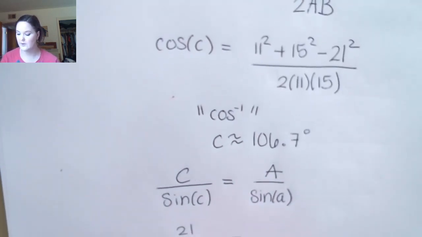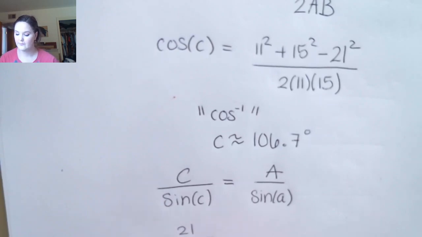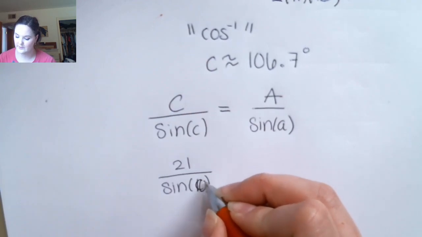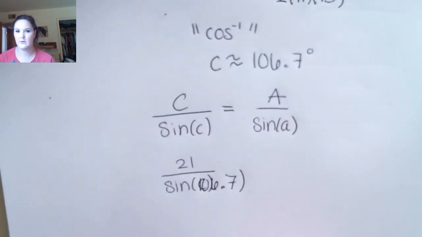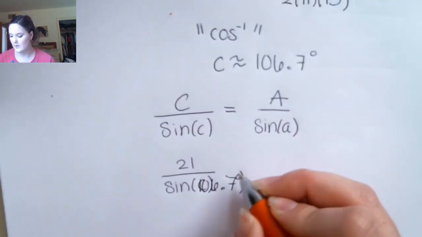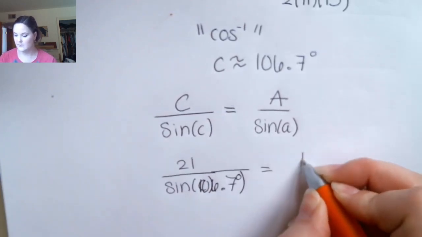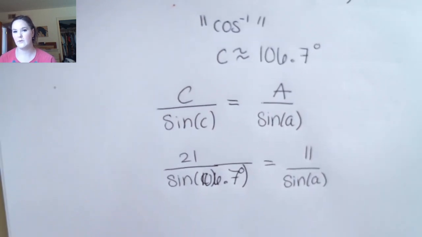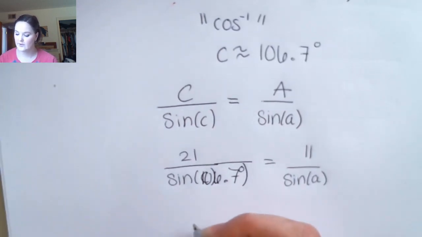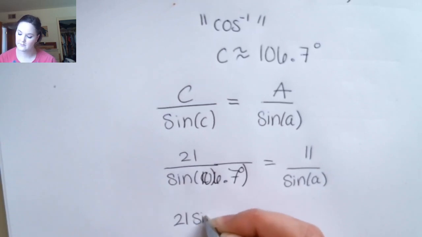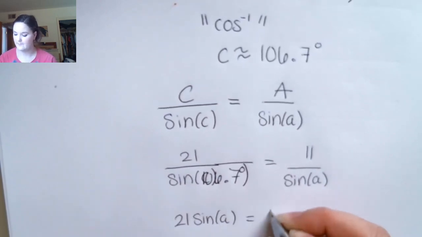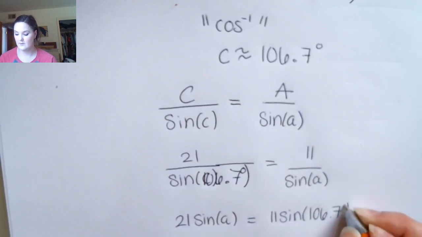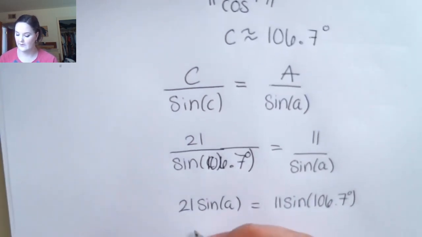Side C was 21, angle C was 106.7 degrees, side length A was 11, and the angle A is what we're looking for. So we're going to solve for sine A here. Cross multiply and then divide by 21.